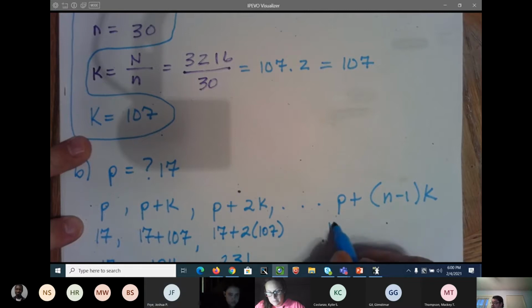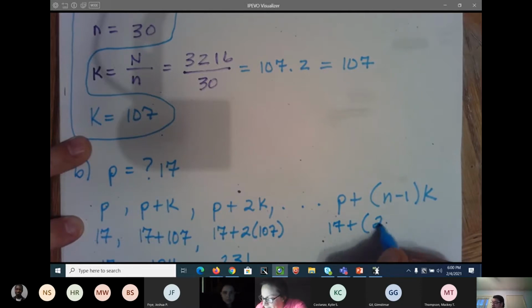And then dot, dot, dot. And then 17 plus, what's n minus 1? Little n minus 1. 29 times 107.